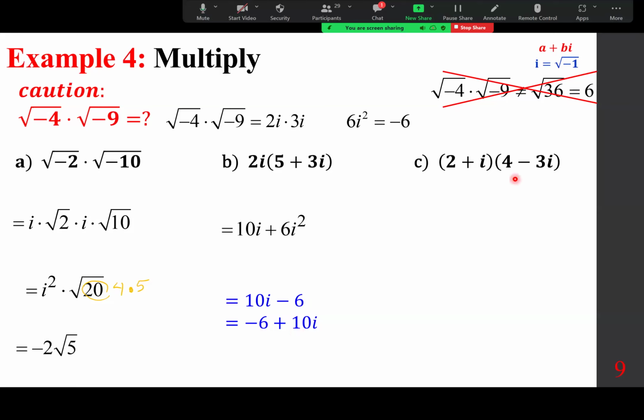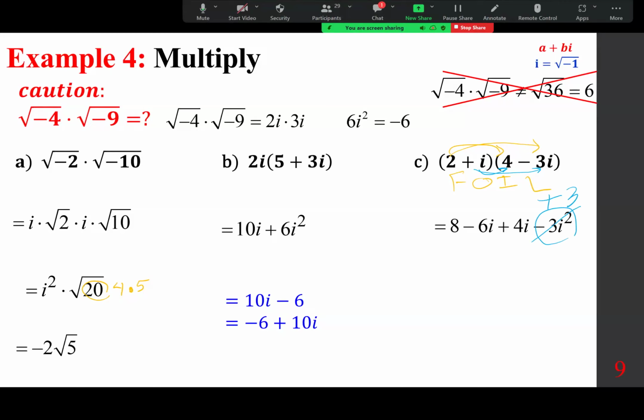Part C, we are going to FOIL. Which means we're going to say 2 times 4 is 8. 2 times negative 3i is negative 6i. i times 4 is plus 4i. i times negative 3i is negative 3i squared. i squared is negative 1.